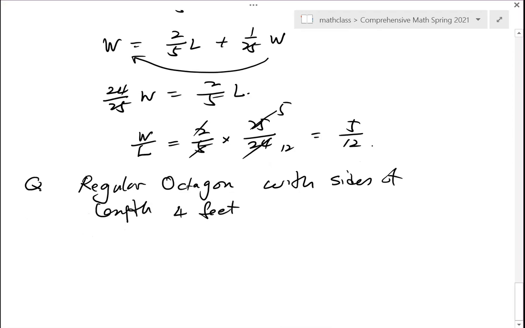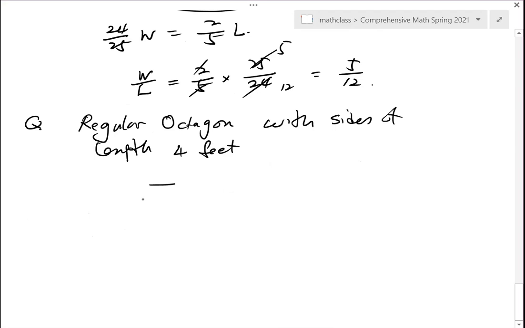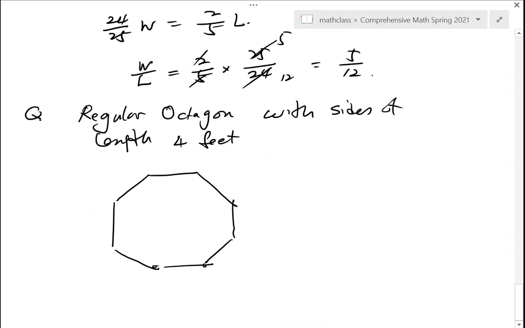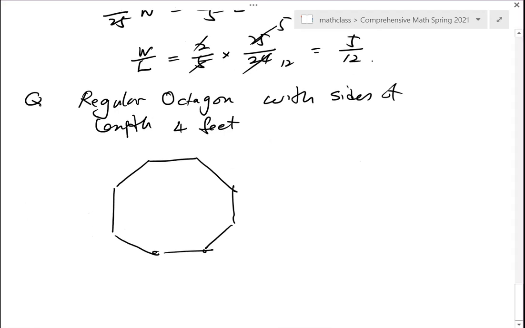Regular means all the sides are equal: 1, 2, 3, 4, 5, 6, 7, 8. So this is an octagon. I'm trying to find all the information I need. The question is, what is the area of this?